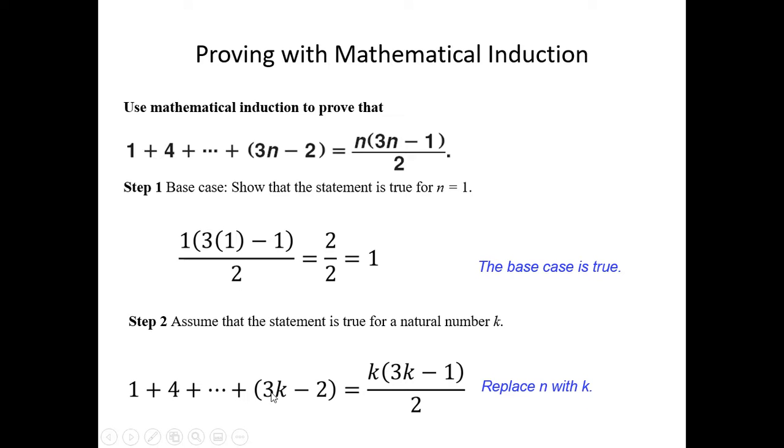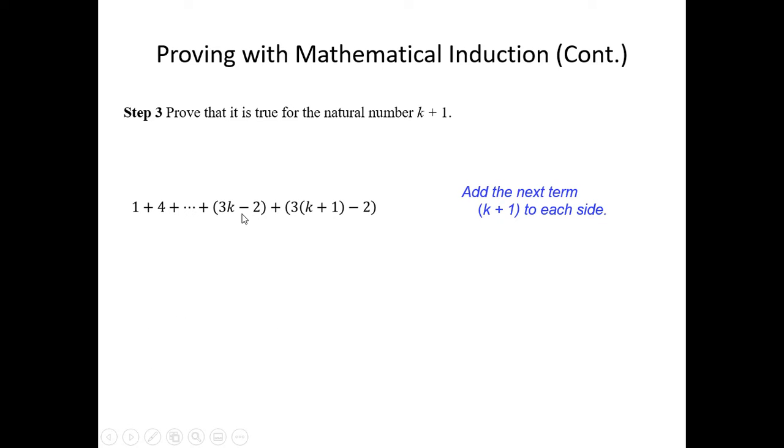Okay, now the next thing we're going to do is look at the k plus 1 term. So we're going to add the k plus 1 term to both sides of the equation.